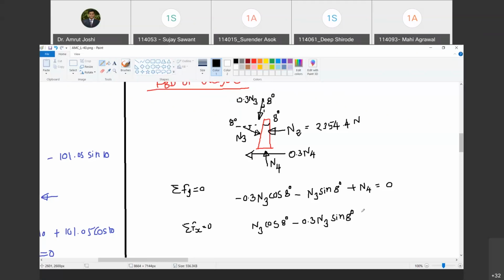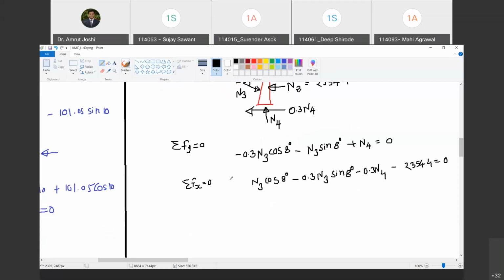Yes. चलो आगे. Minus 0.3 N4, minus N2, minus 2354.4. This must be equal to 0. Do you agree with me?